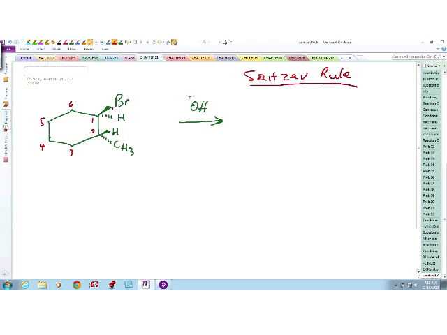There is no way it's going to be anti-periplanar. So therefore, the double bond will not be here. So where do you think the double bond will be? Between 1 and 6, because that is the only time you could get any one of these two hydrogens to be in an anti-periplanar relationship with this bromine.